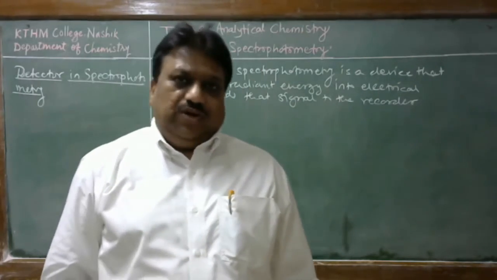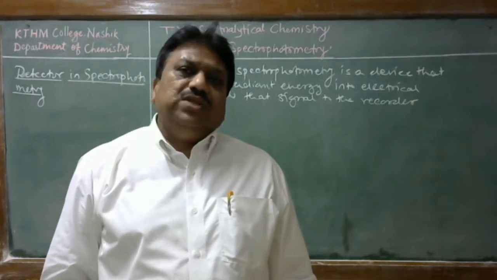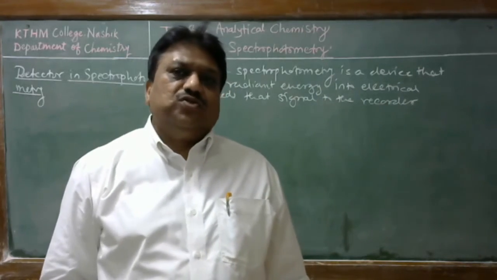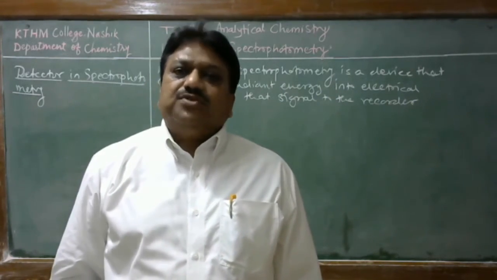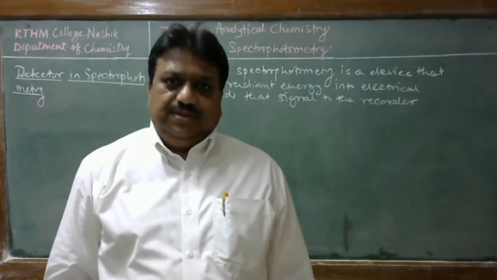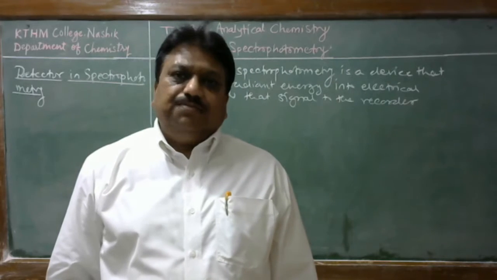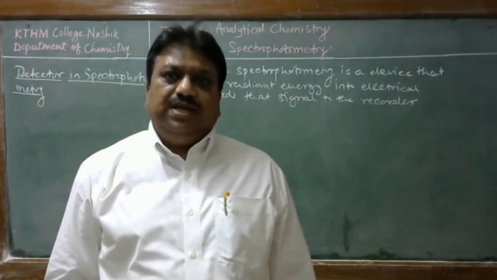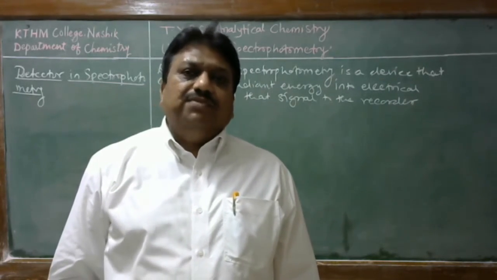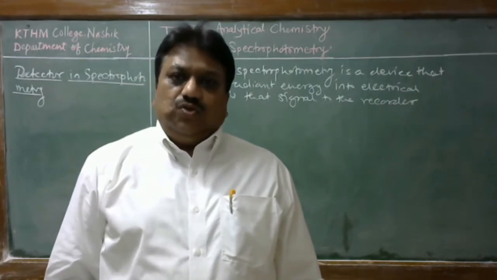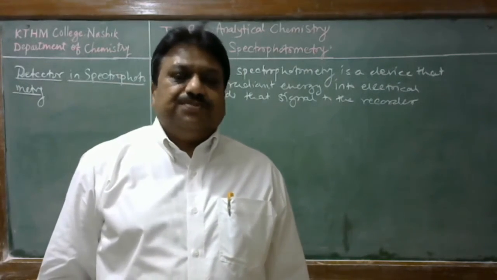to the recorder. Student, we know that in absorption spectroscopy, we are measuring the absorbance of molecular species. That means we place a sample solution in light path having specific wavelength, and an amount of radiant power absorbed by the solution is measured in absorption spectrophotometry.